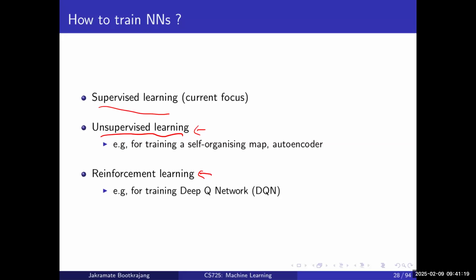So in a sense, in reinforcement learning, you have the answer, but the answer is not given to you directly. It will tell you, oh, you are better or you are worse than the actual answer. Our focus for today would be just supervised learning, but we will talk about the next two in the next class.